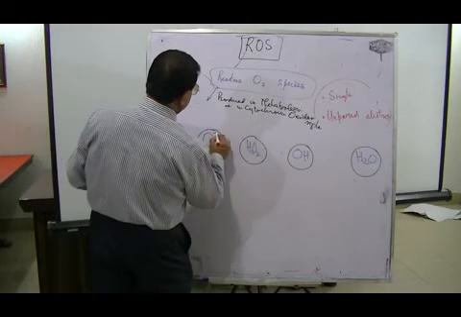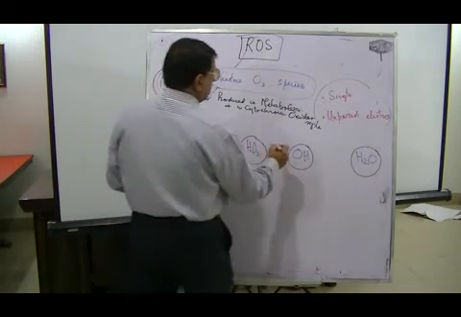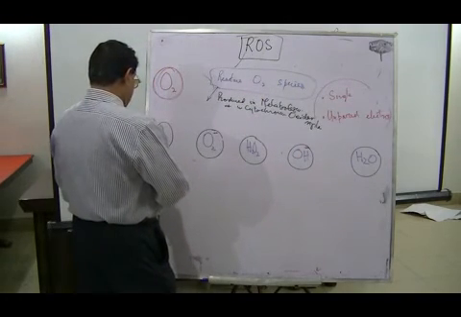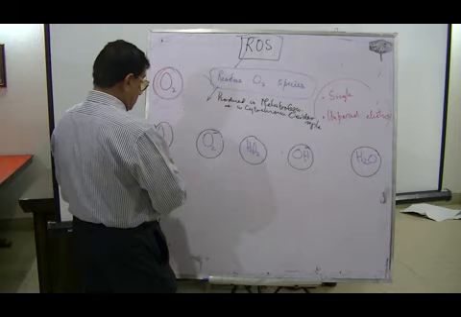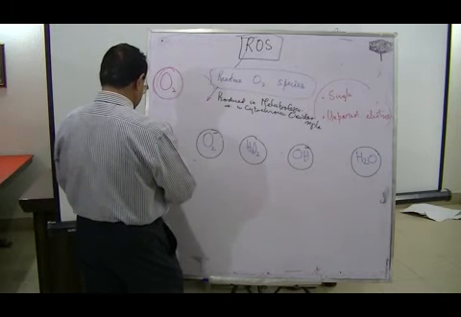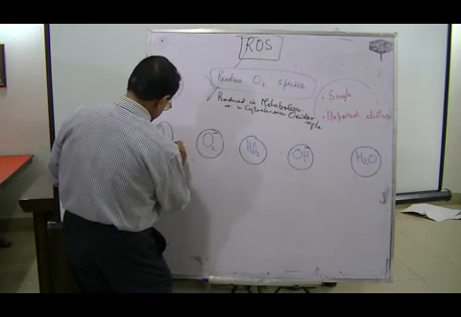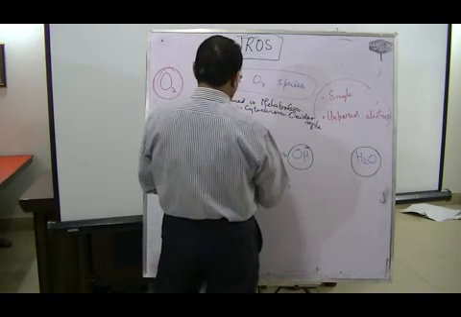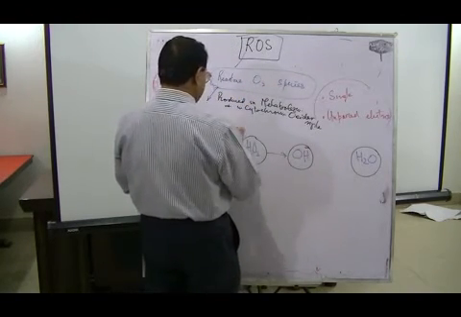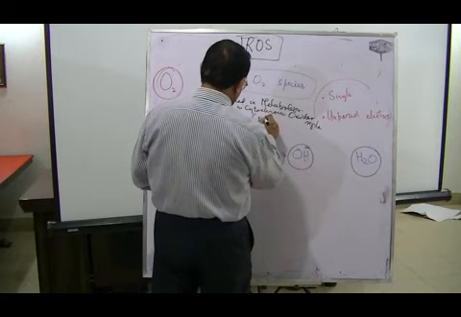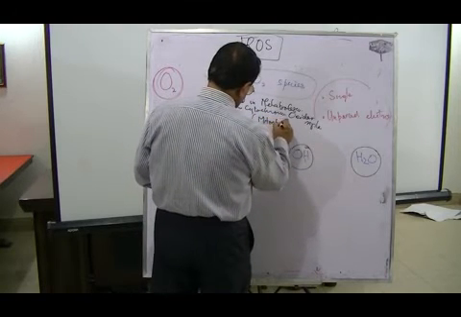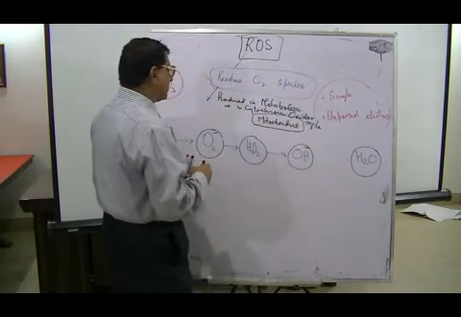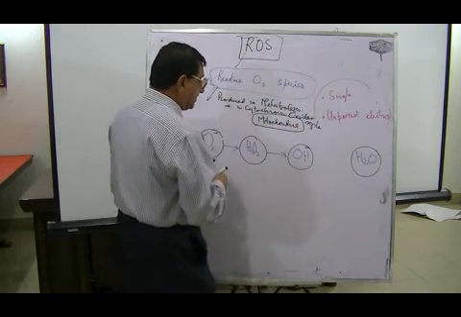This is superoxide, this is hydroxyl radical. So it moves like this. Cytochrome oxidation system in mitochondria. So what happens is, it's taking place in mitochondria.